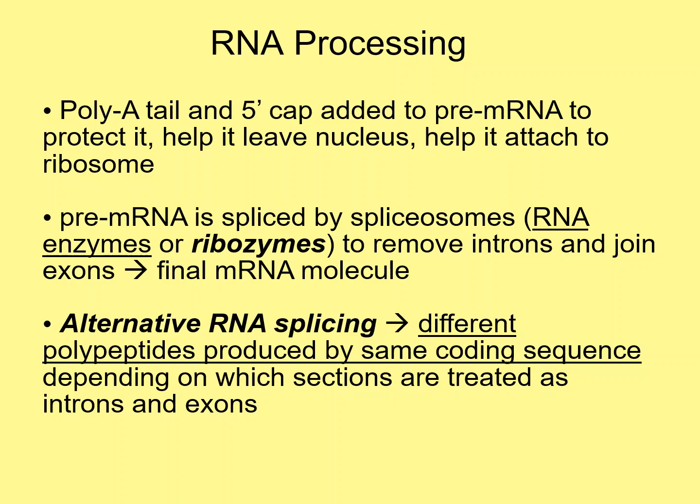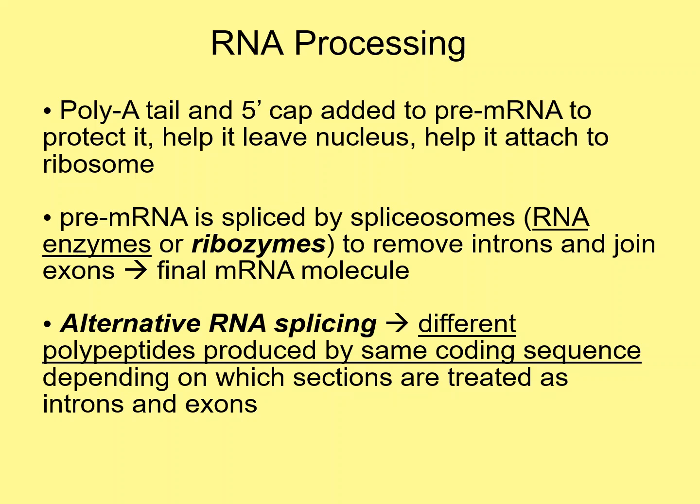So essentially the same pre-mRNA molecule can be made into multiple different final mRNA molecules by treating different sections as introns or exons in this alternative RNA splicing process.